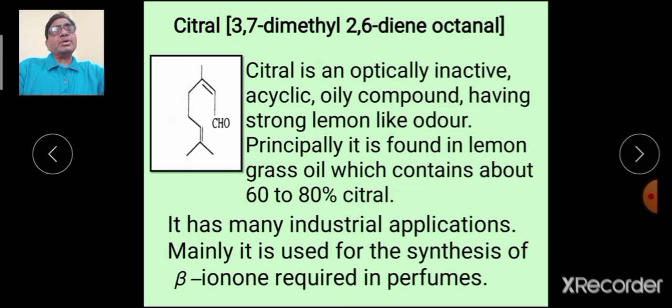I have shown the positions of the carbon atoms, and therefore there is a methyl group at 3 position, then another methyl group at 7 position, and double bonds. One double bond starts from 2nd position and another starts from 6th position.